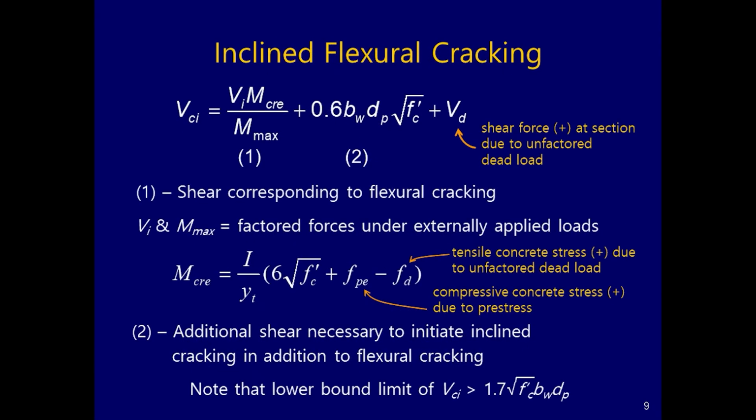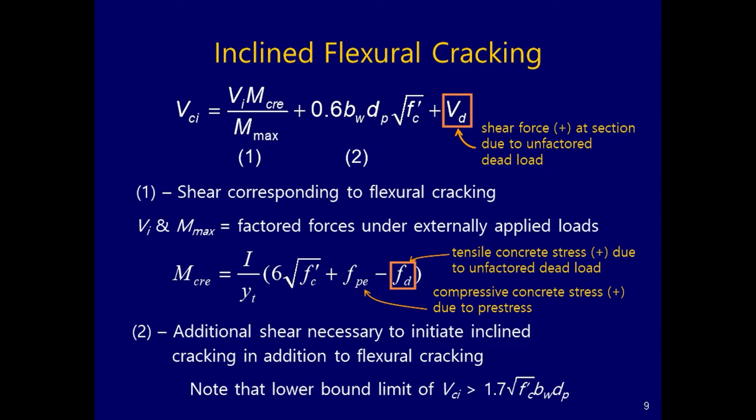How about the inclined flexure cracking? The equation in the code looks like this. Well, the V_d term and f_d term here are considered because during the laboratory test, previous researchers developed the equation using the applied loading, and it's a point load, so the a to d ratio is the same as the V to M ratio.